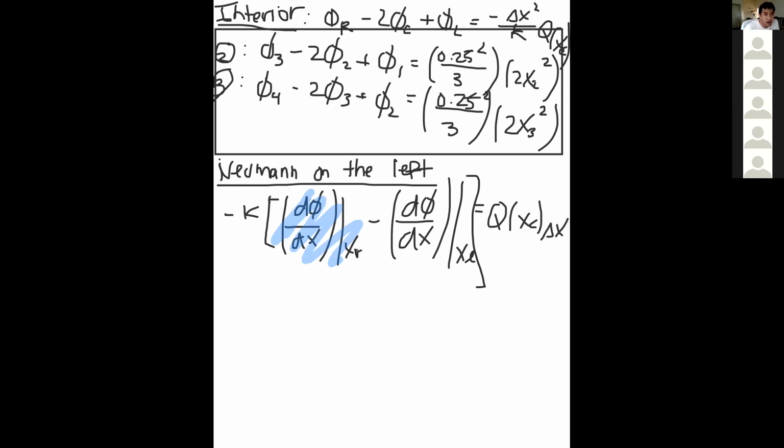Because what our boundary value problem told us was that d phi dx at x equal to 0 was equal to 0. Okay, and so what that means is that instead, we're going to replace this guy with that.